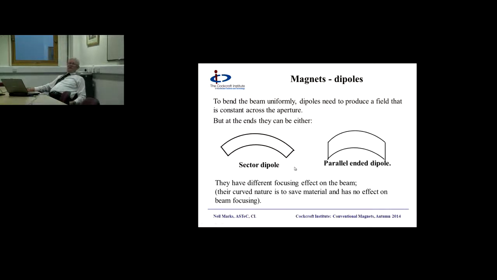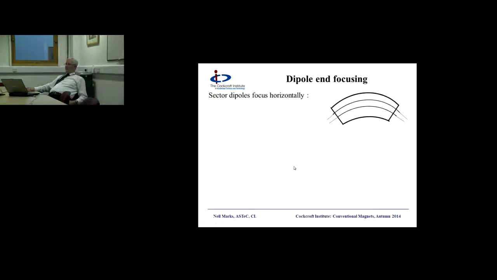But these two types of magnets have different focusing effects on the beam. And it may very well be that this will come into your lectures on lattices, but we'll just make a clear distinction between the two. The sector dipole focuses horizontally, and it's fairly easy to see, isn't it?